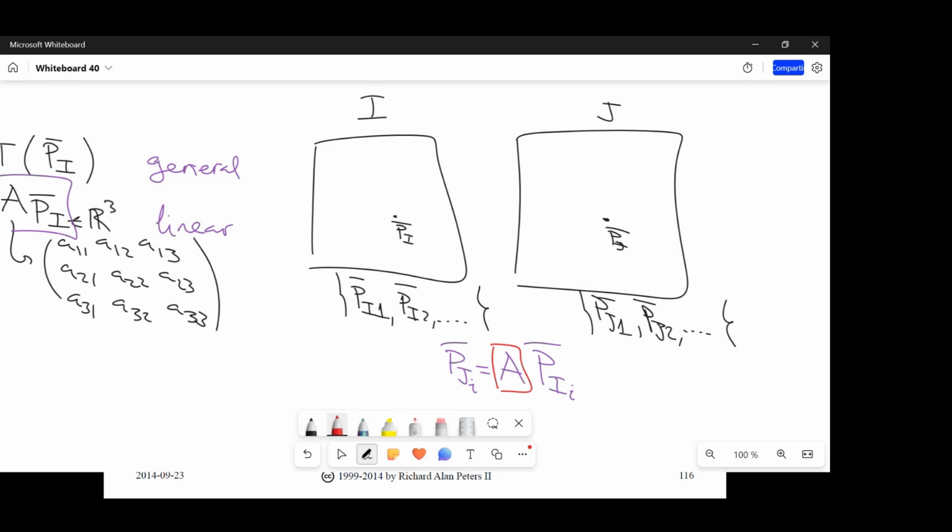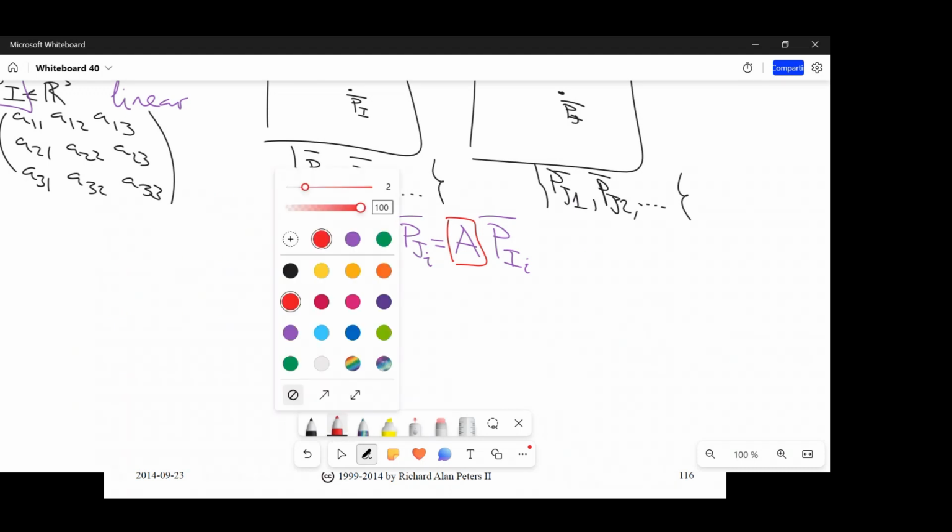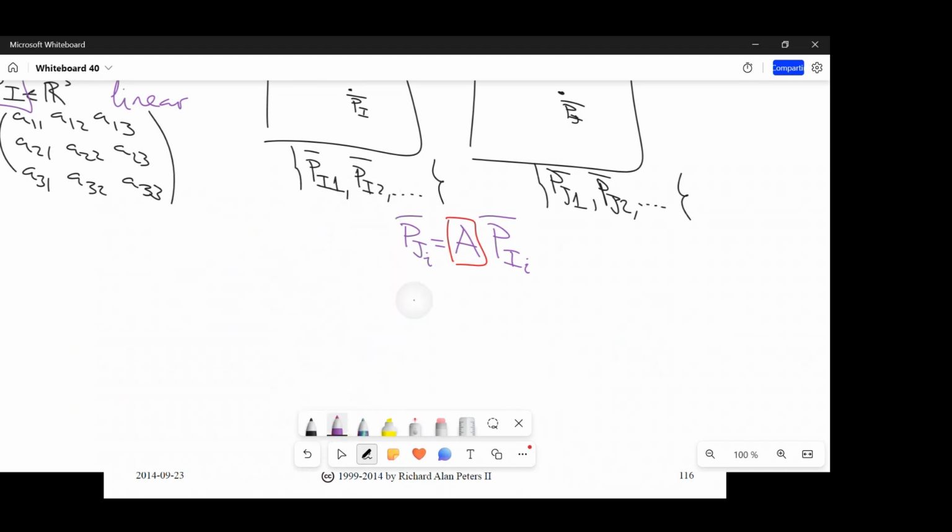So let's say you have a single point, a single pair. Let's consider only one color. Then this equation is for that particular color, let's say color 1.